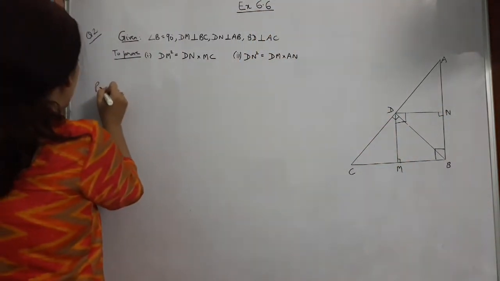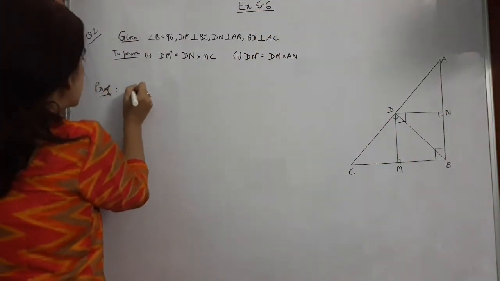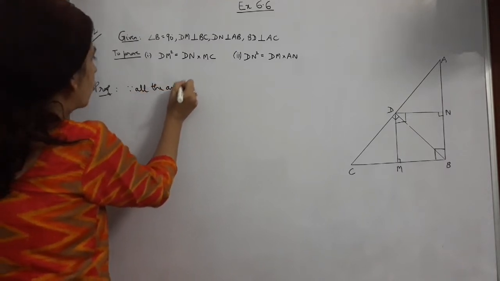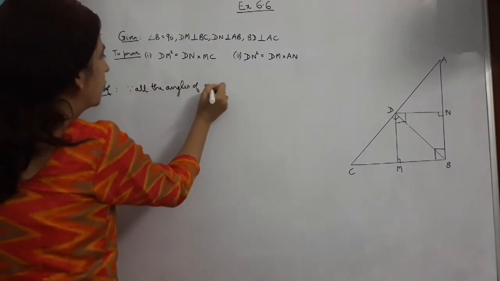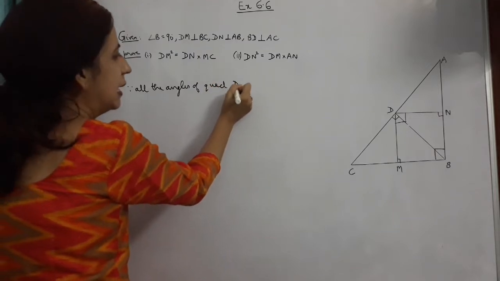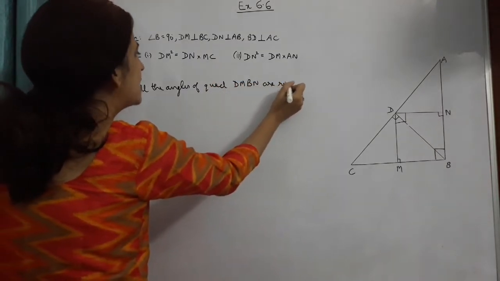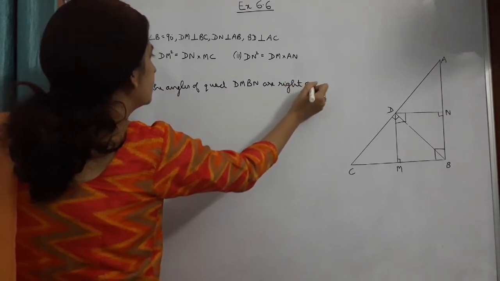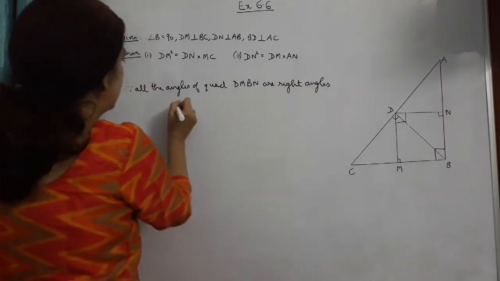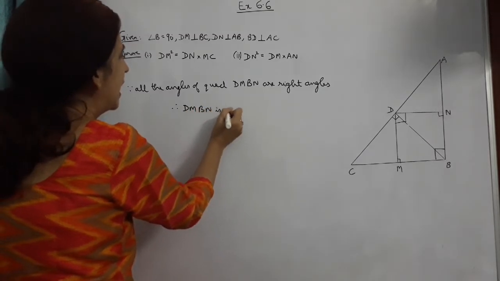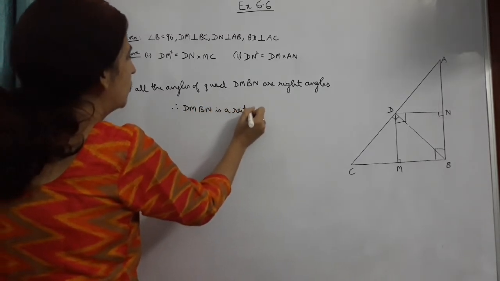So since all the angles of quadrilateral DMBN are right angles, therefore DMBN is a rectangle.